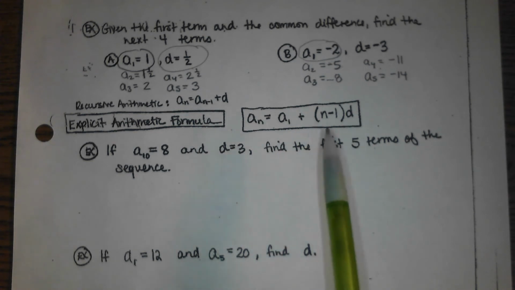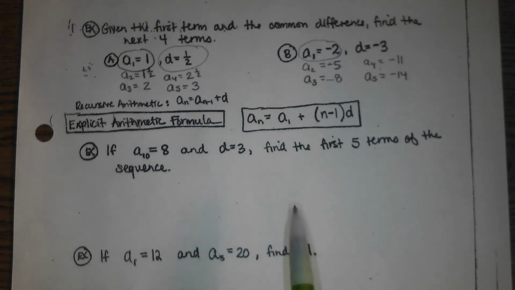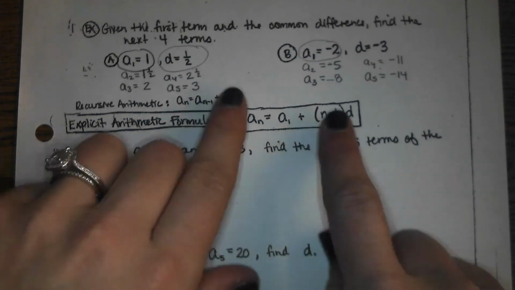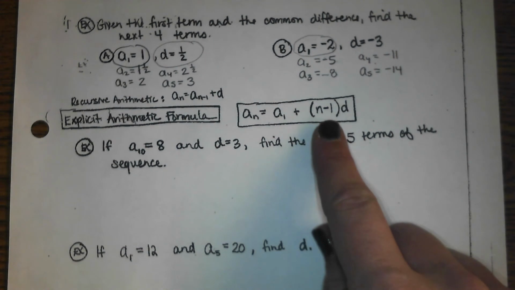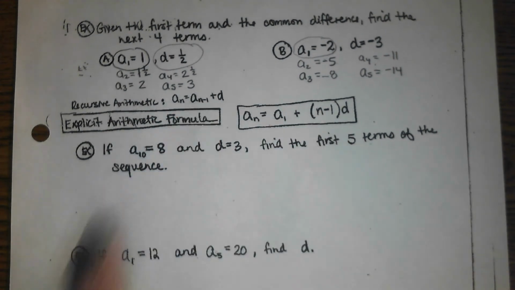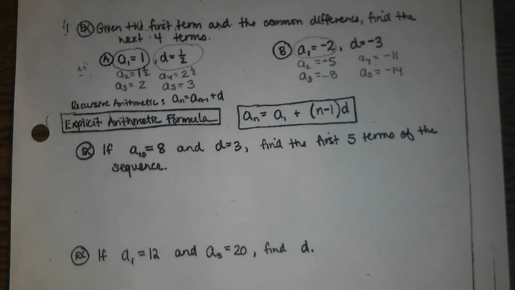Do you see how it does not use a subscript of n minus 1? It has an n minus 1 in there, but it's not a subscript. So that's how you differentiate between a recursive and an explicit. What's nice about an explicit is I can just jump to the 100th term if I want. With a recursive, I couldn't do that. I would need the 99th to do it. I would need the 98th to get the 99th, and so on and so forth.